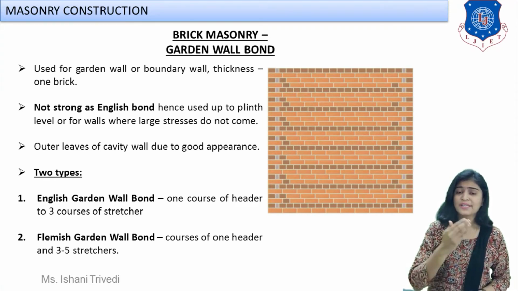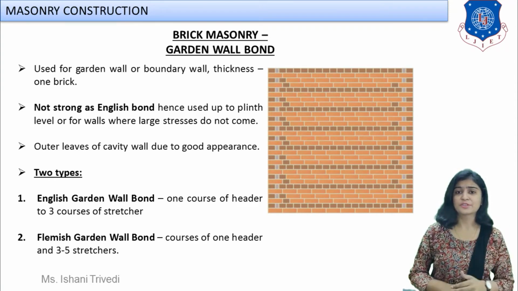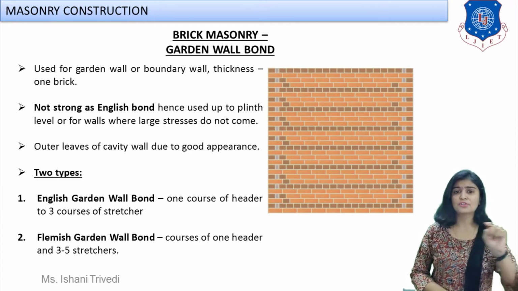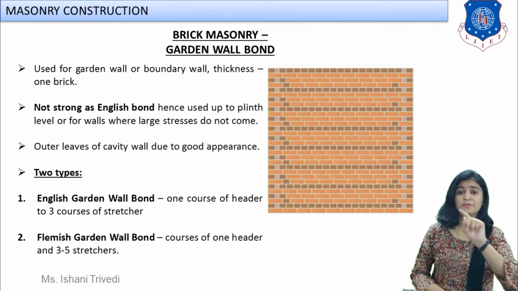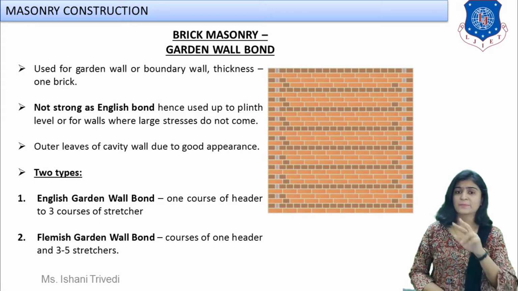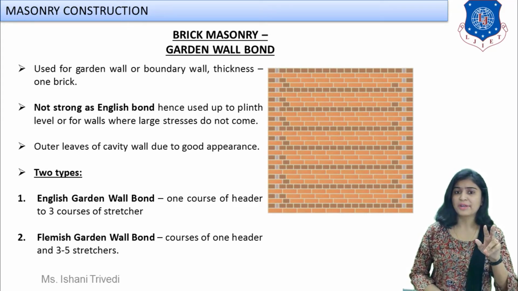Now what can you see in the image just flashing over here? We can see that the first course is made up of completely headers. Then you can see that 3 courses are made up of stretchers. Again, the next course is made up of headers. Then again the next 3 courses are made up of stretchers.